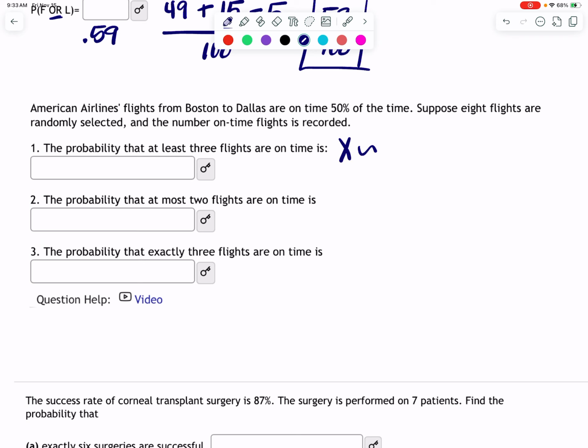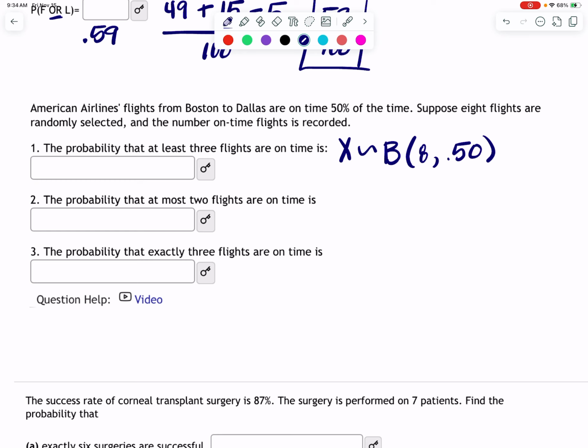We've got our random variable, a binomial distribution with n is our sample size and p is the probability of success. It's binomial because we have a fixed number of trials, random selections, and we only have 2 options. Your flight's either on time or it's not.